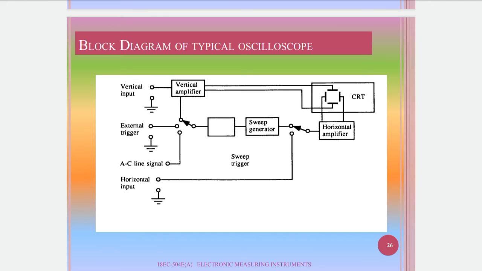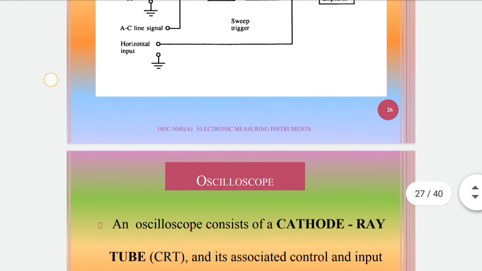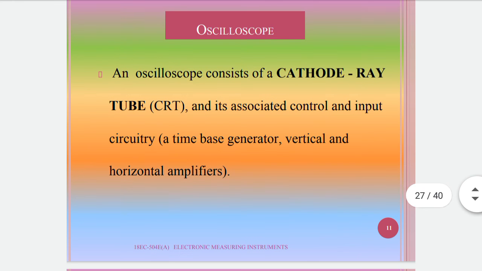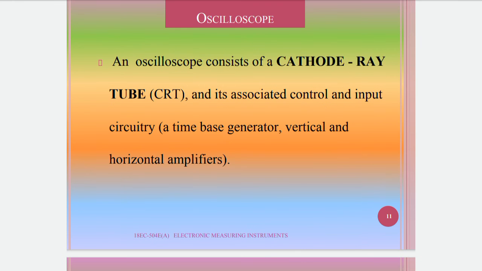So an oscilloscope consists of a CRT and its associated control and input circuitry, that is a time-based generator, and vertical and horizontal amplifiers.